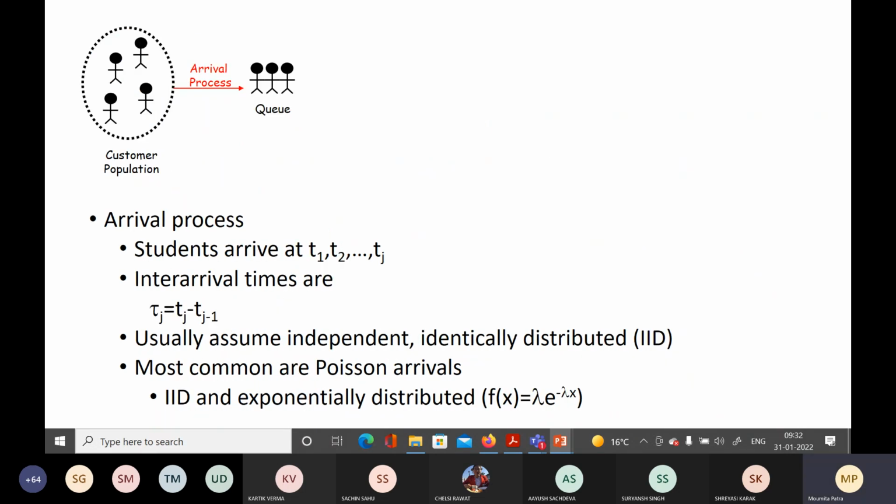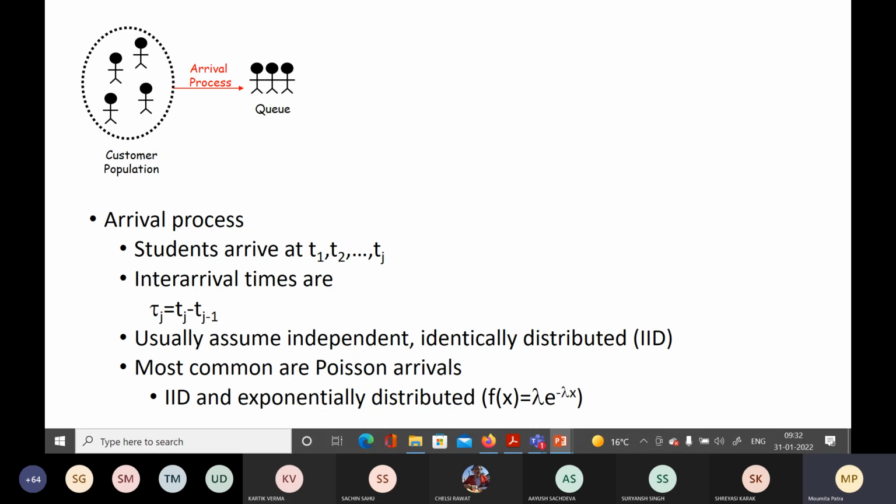Now let us have some variables denoting these processes. First is the arrival process. We are talking about jobs arriving into your system from a given population size. Here that population size is given as the customer population, and with some distribution they are entering into your system.